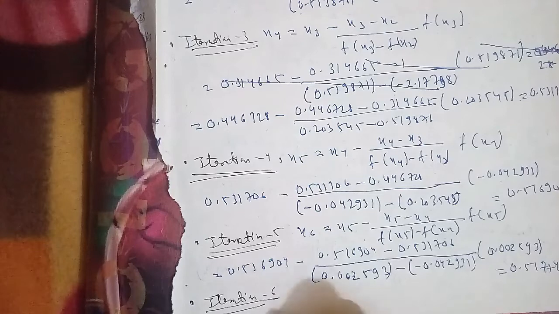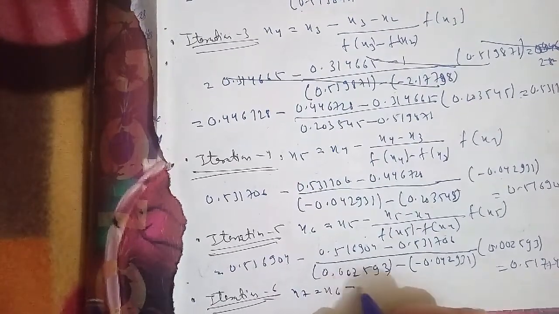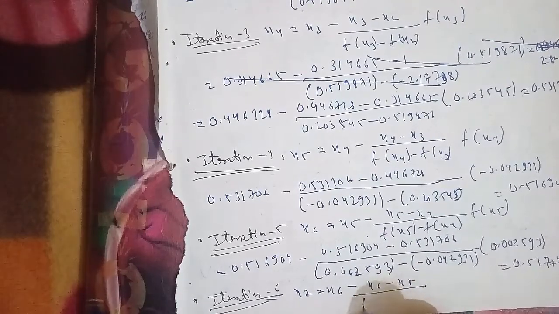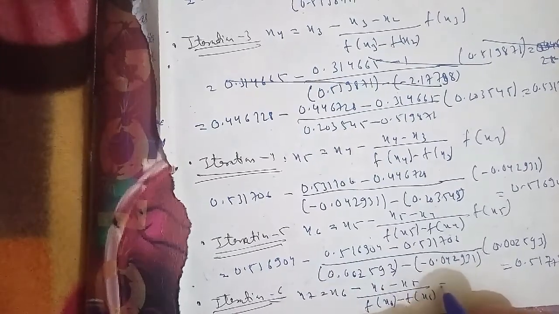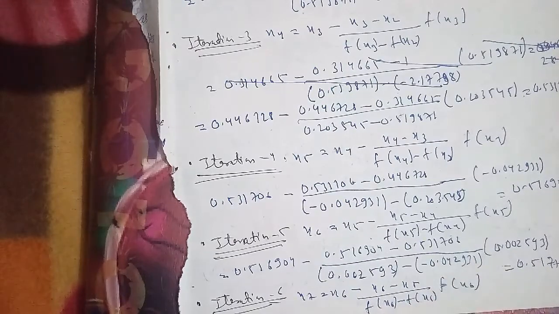Minus whole upon 0.00003 minus 0.002593, 0.00003, which is equal to 0.517756. Now we go ahead for the next.